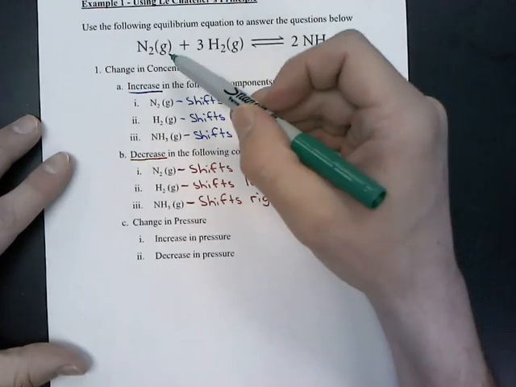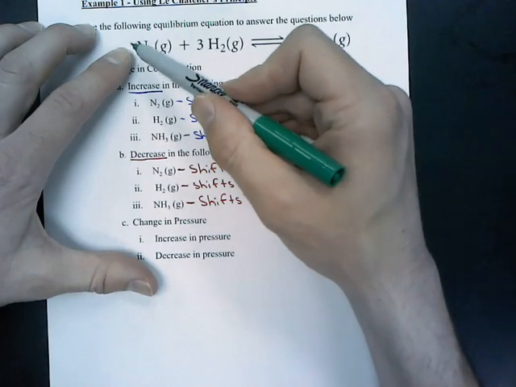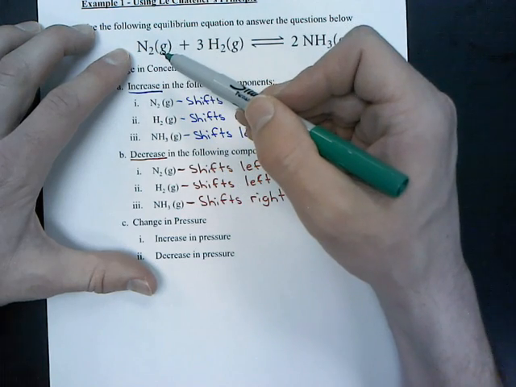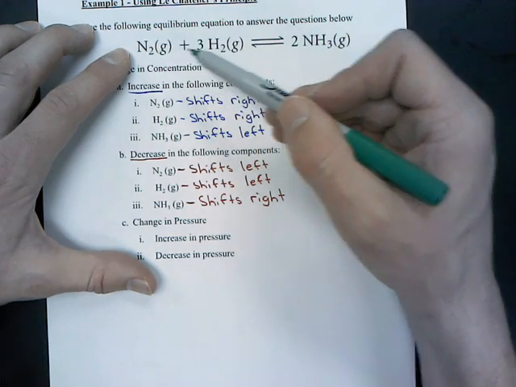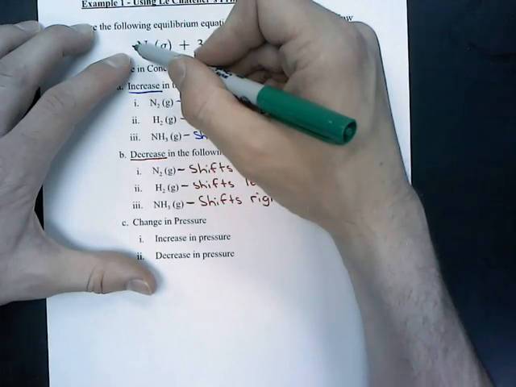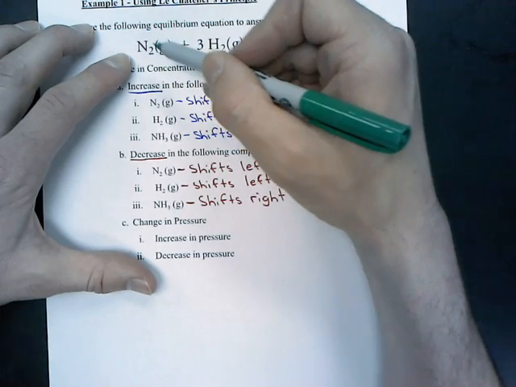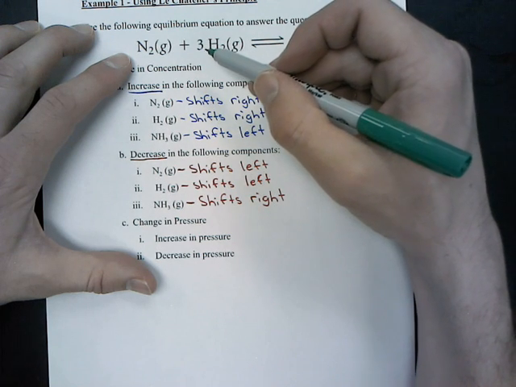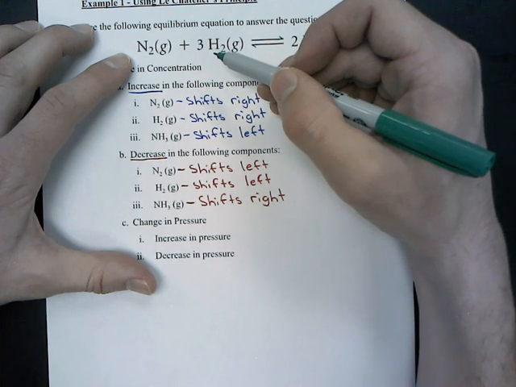So we look over here on the left. The coefficient tells us how many moles of that particular substance we have. All of these substances are gases, so for N2, we have 1 mole of N2 gas. We also, over here on the left, have 3 moles of H2 gas.